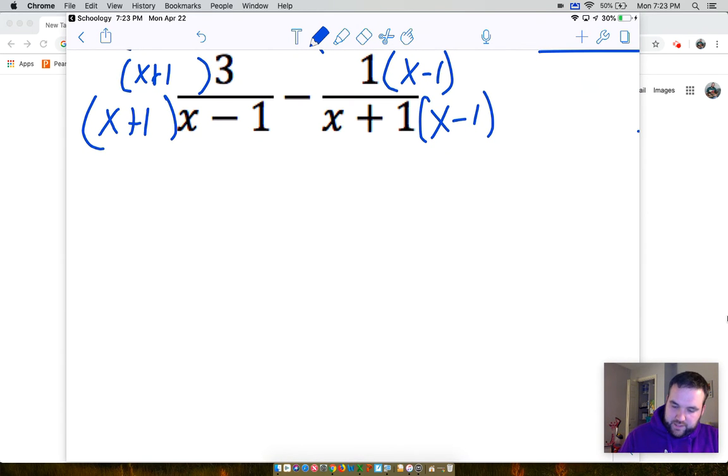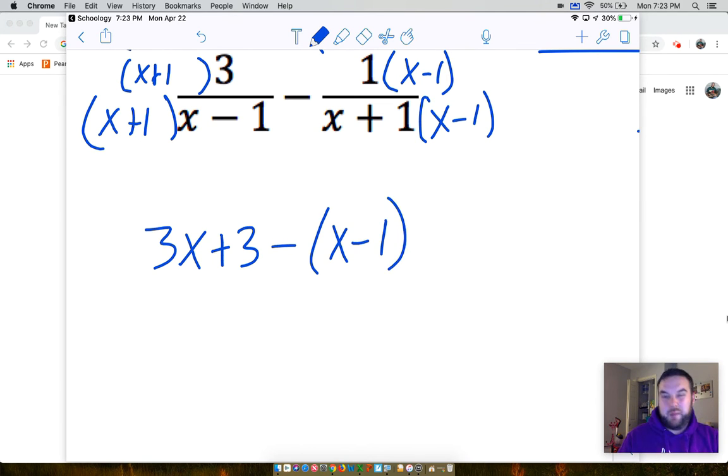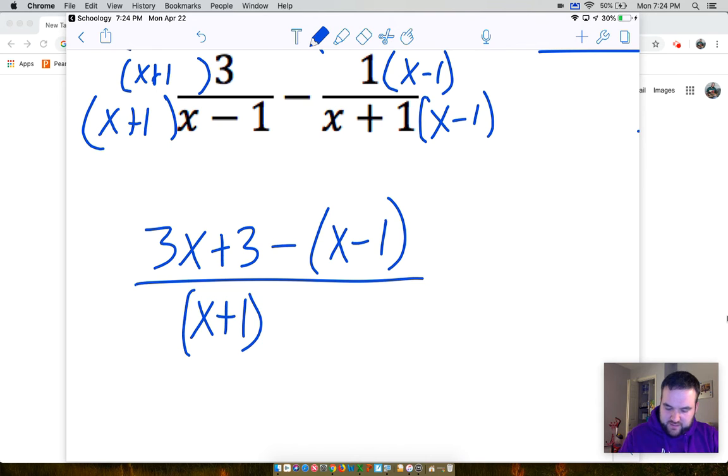So if I multiply the tops together, if I distribute the 3, I get 3x plus 3. And if I distribute the 1, I have x minus 1. And I put that in parentheses for a reason, so that I remember to distribute the minus sign to both the top and the bottom.